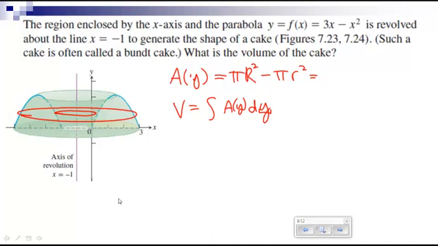Well, let's see if we can attack it piece by piece. Let's see if we can say for some given y, what's the value of big R? This is awkward, isn't it?